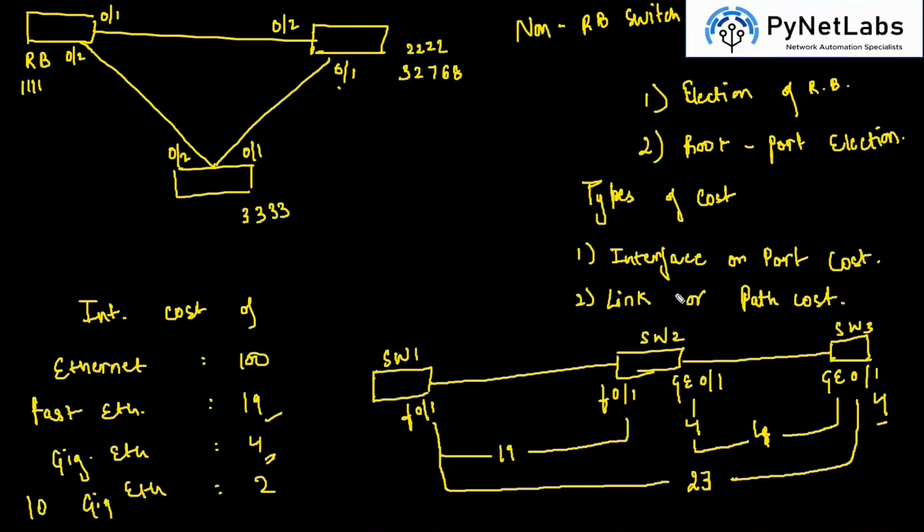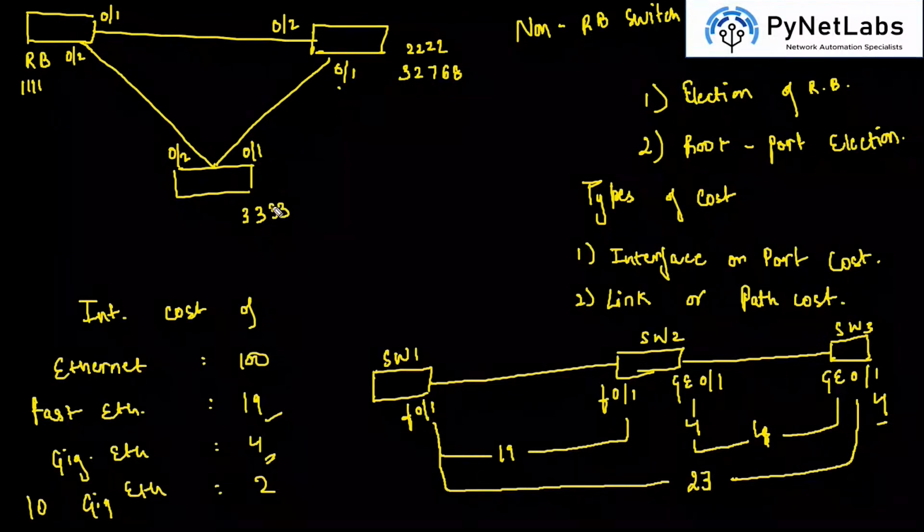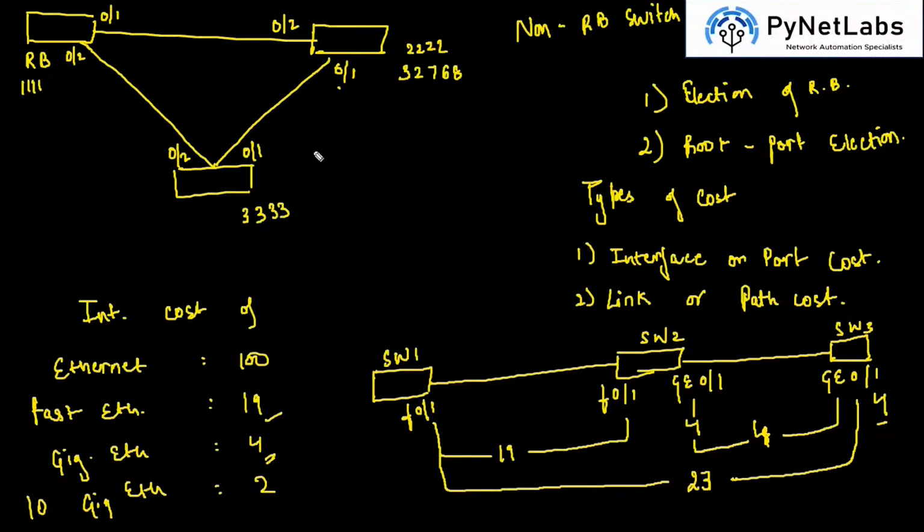Okay, so now the election of root port is being done for non-root bridge switches. If we look into this example, tell me which switch is not a root bridge switch. Out of these three, we know that switch 1 is a root bridge, right?